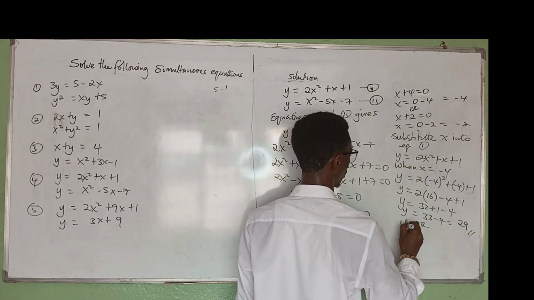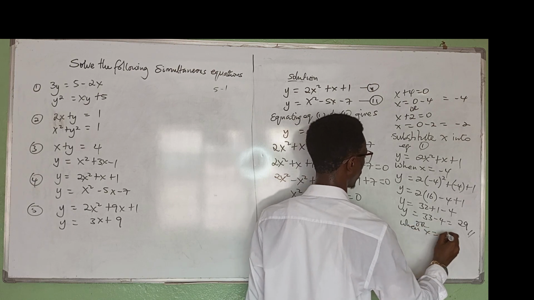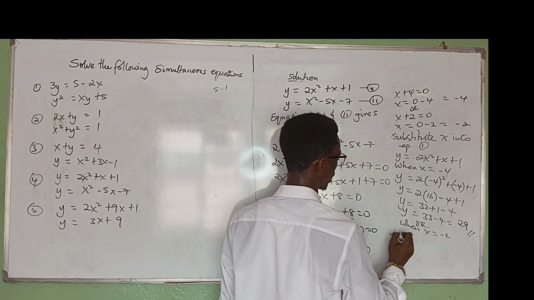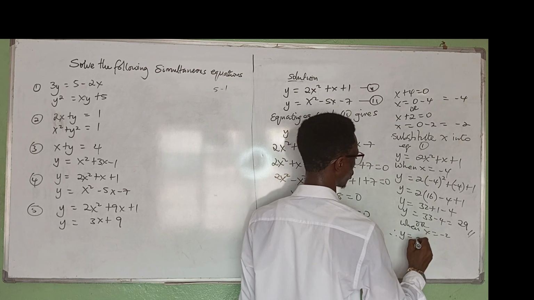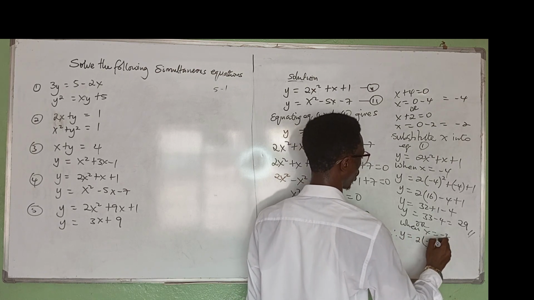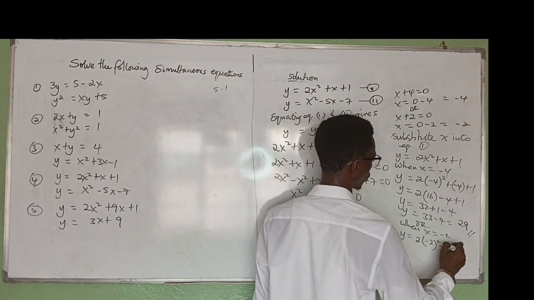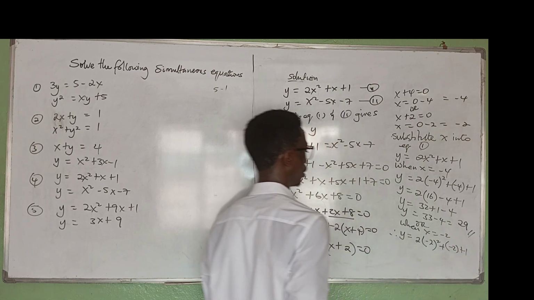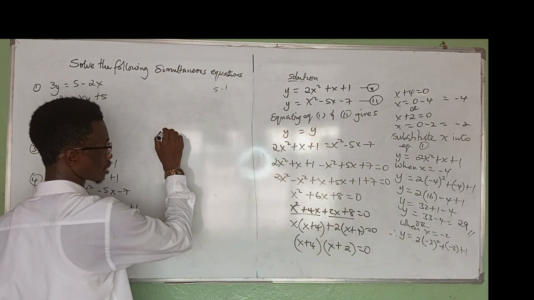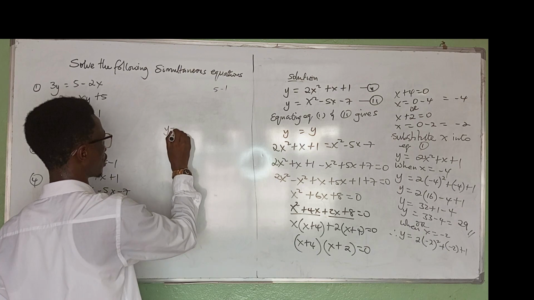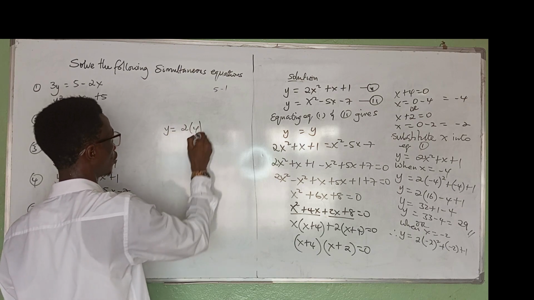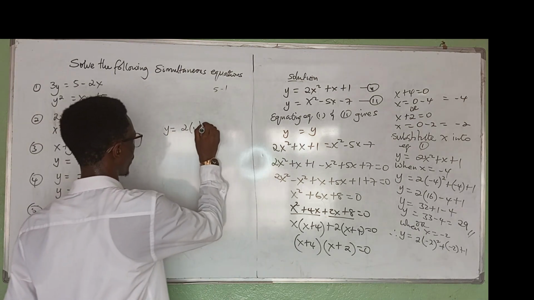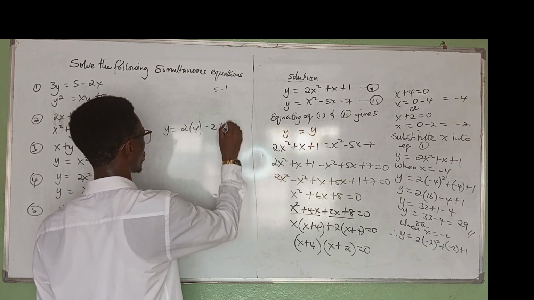Or when x is minus 2, y equals 2 into minus 2 all squared, plus minus 2, plus 1. So we have y equals 2 into 4, then minus 2 plus 1.